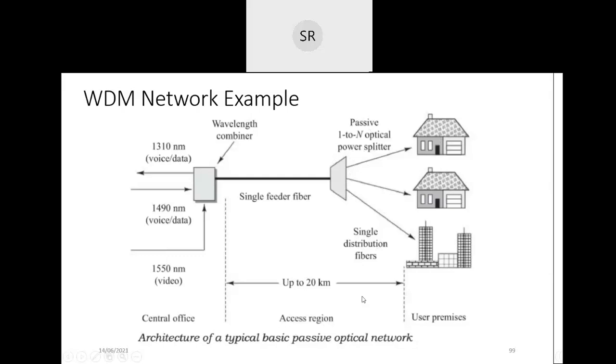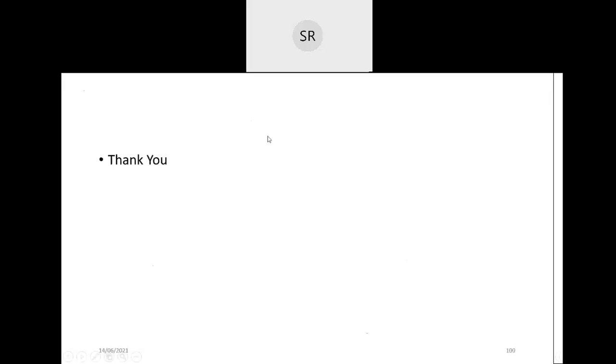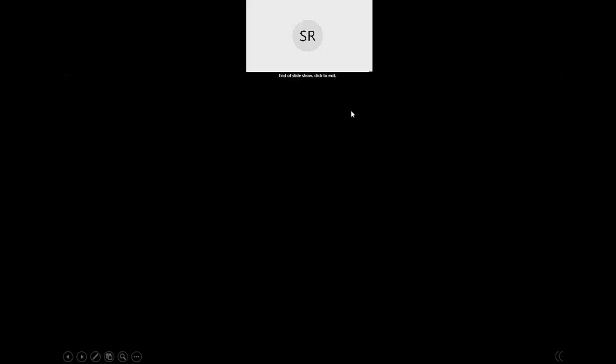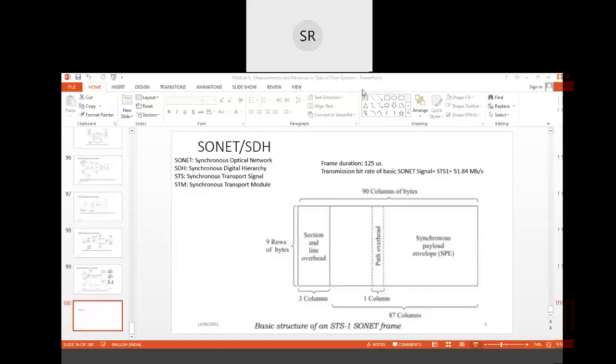And this is the access region, that is the premises, or the distance between the central office or central communicating switching network and the user premises. And that is the optical network we are supposed to see here.